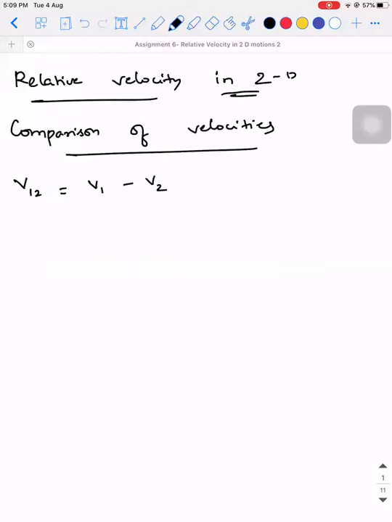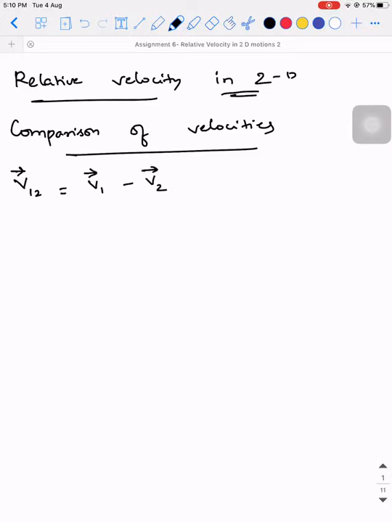The same formula is applicable here also. The actual formula for relative velocity, whether it is one-dimensional or two-dimensional motion, is: velocity of the first vector with respect to the second vector is velocity of the first vector minus velocity of the second vector. Okay.